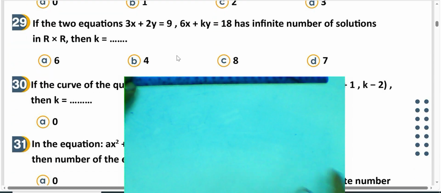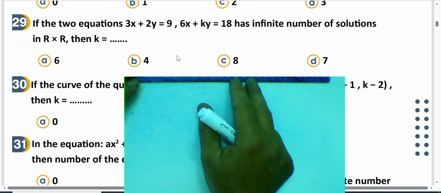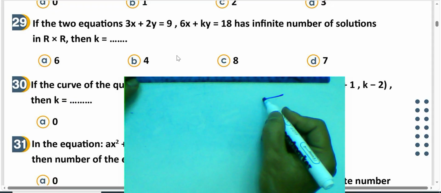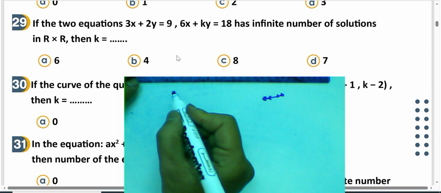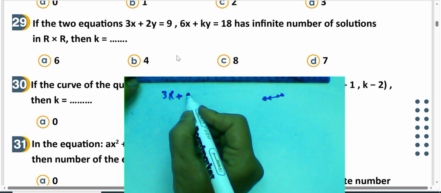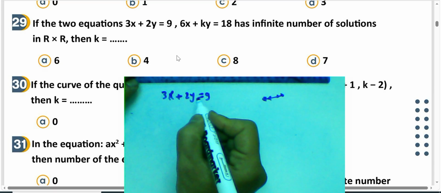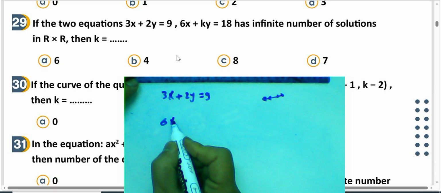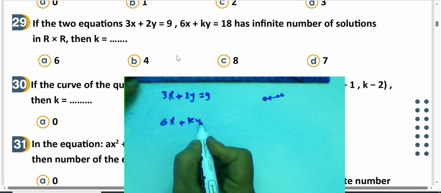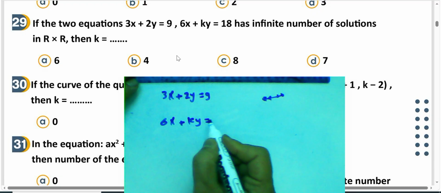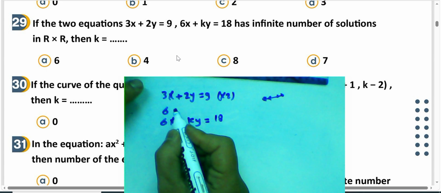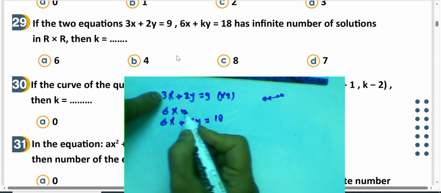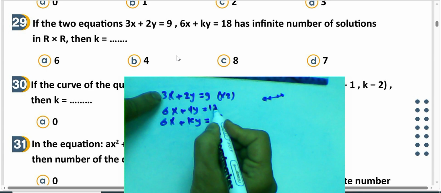The two equations have an infinite number of solutions. They are consistent, or coincident. We have 3x plus 2y equals 9, and we have 6x plus ky equals 18. The first equation we can multiply by 2: 2 times 3 equals 6, 2 times 2 equals 4, 2 times 9 equals 18.